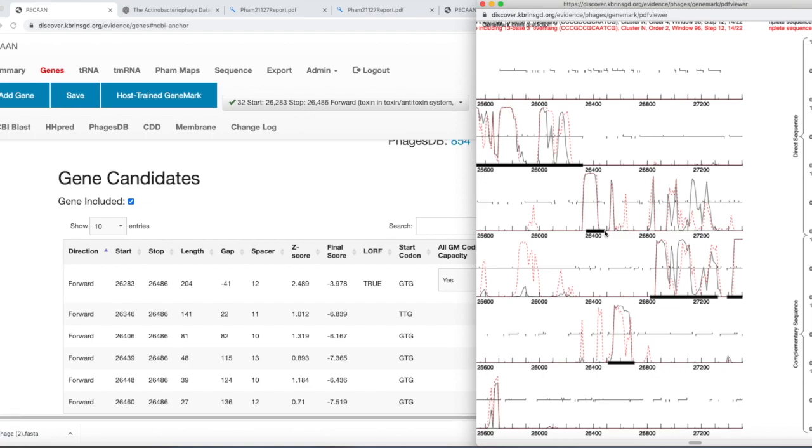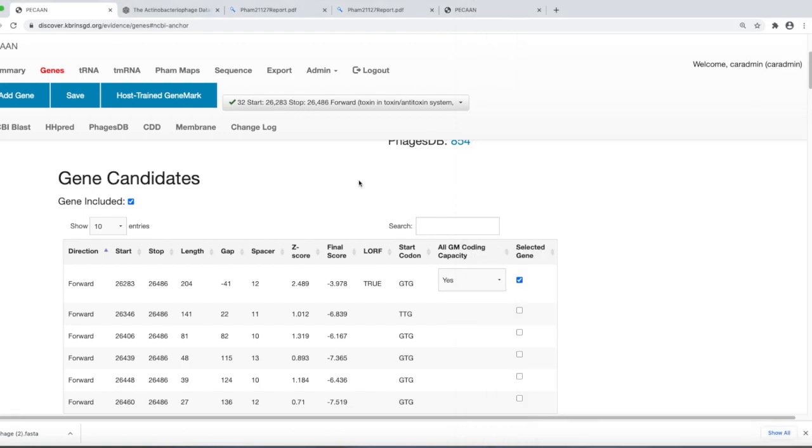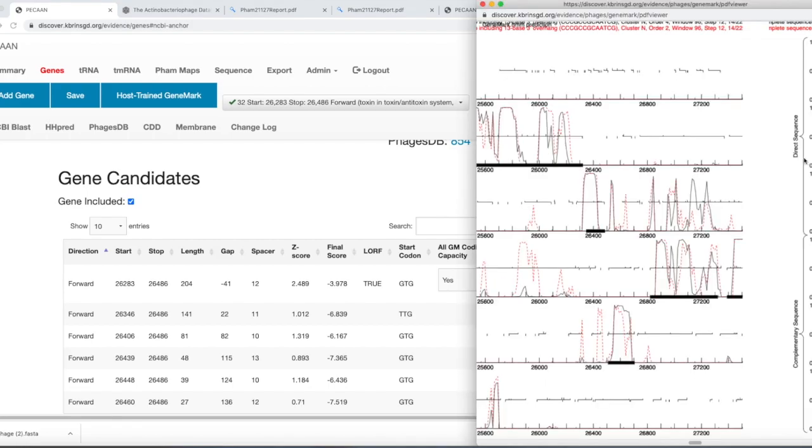So let's take a look at the gene for that. You notice there is another start site over here, which would capture all of the coding capacity. If we go look at this particular gene, here is the start site for this start right here, and here is the start site for this one that would include all the coding capacity.